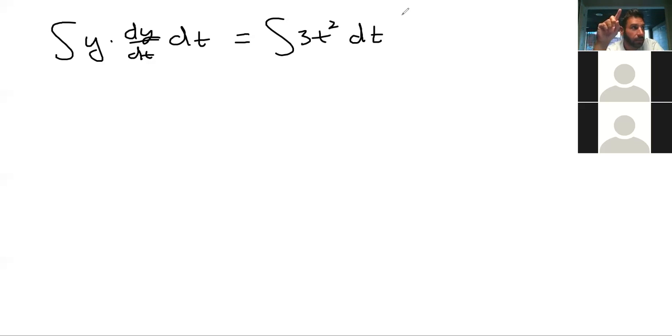But if we recall how integration by substitution works, if we recall the change of variable, then the left-hand side is nothing more than the integral of y dy.